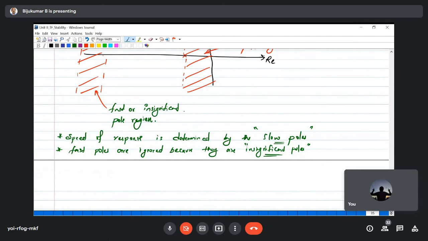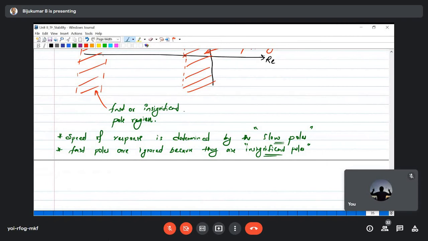No, what you are asking? All the poles are far away from the origin. Yeah, it can be neglected. It depends upon the location compared to the first pole, right?